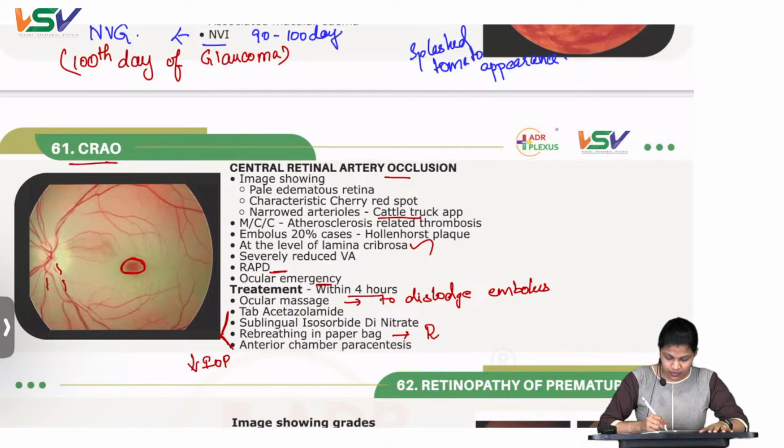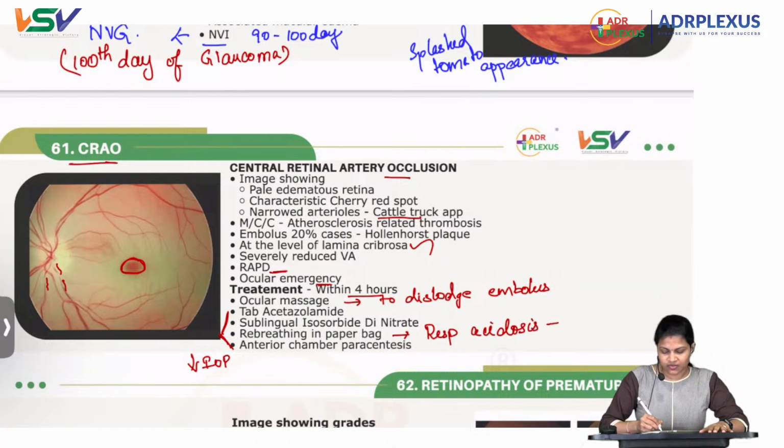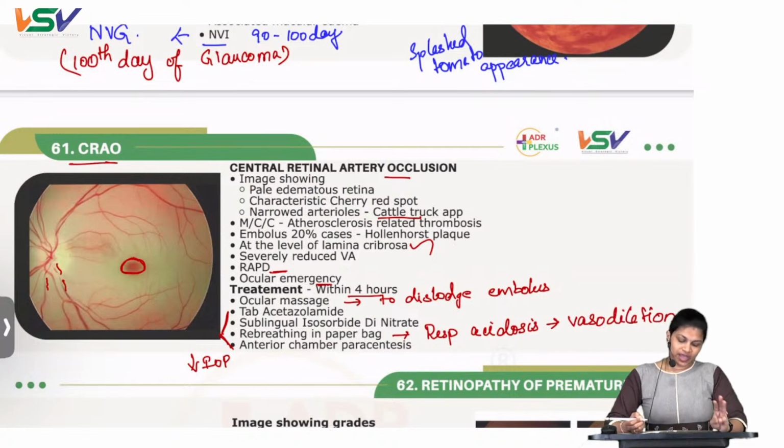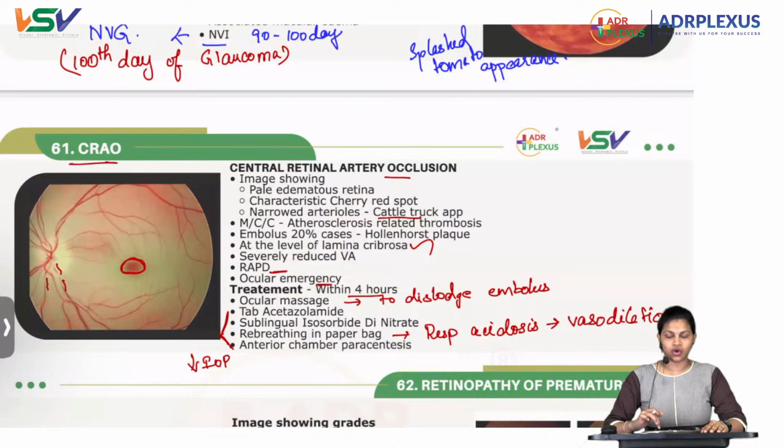It causes a respiratory acidosis, and in turn it causes vasodilation and dislodges the embolus. Okay, so pale edematous retina, cherry red spot, cattle truck appearance, central retinal artery occlusion, ocular massage, acetazolamide, anterior chamber paracentesis, and respiratory acidosis, rebreathing in a paper bag to cause vasodilation.